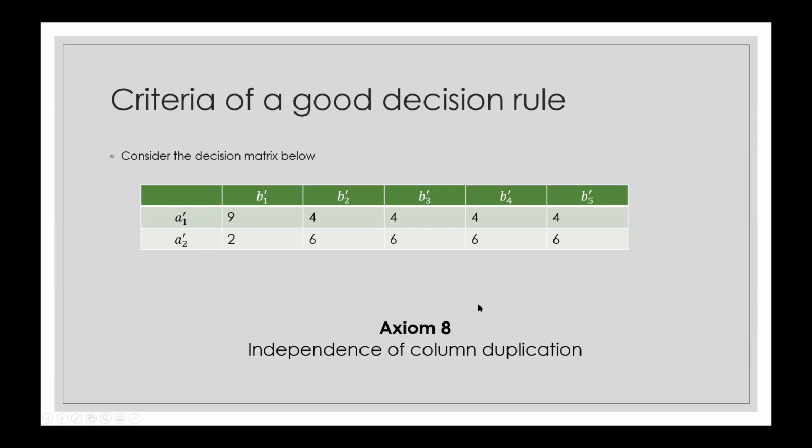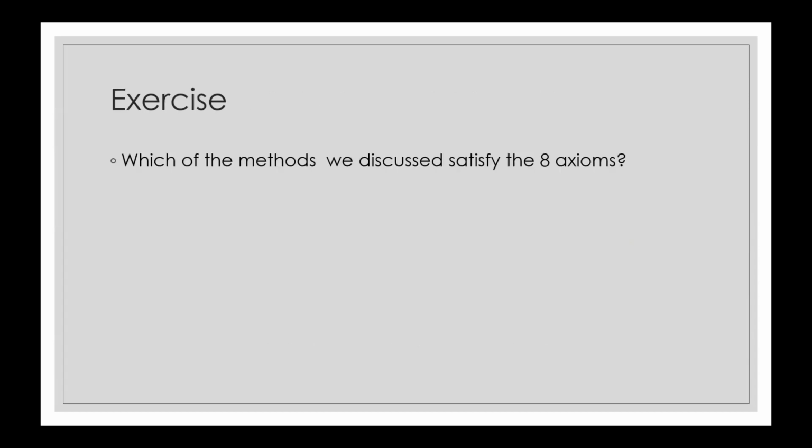So that is axiom 8, which is the independence of column duplication. Now that we have discussed all these axioms, those are the 8 axioms.